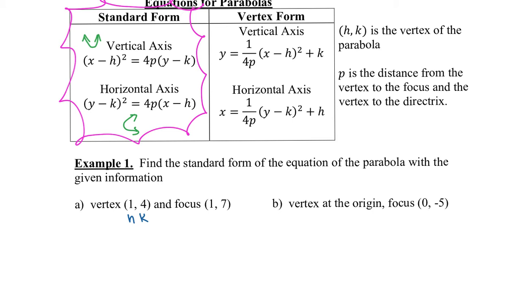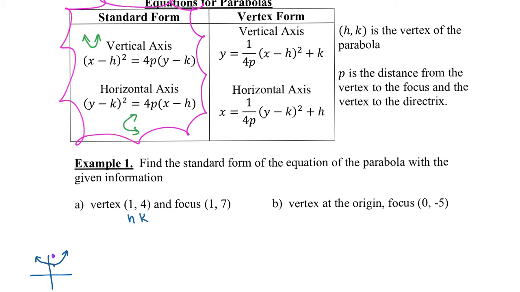Now to find the way it's opening, it depends on if you're a visual learner or an algebraic learner. For visual learners, let me make a little sketch over here. The vertex is (1, 4), let's say it's here. The focus is (1, 7), so maybe up here. The focus is always inside the parabola, so it's opening in this direction. So visually, I can see it's opening in the y direction.